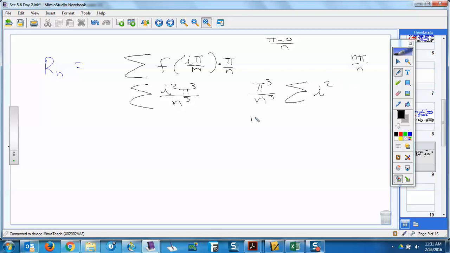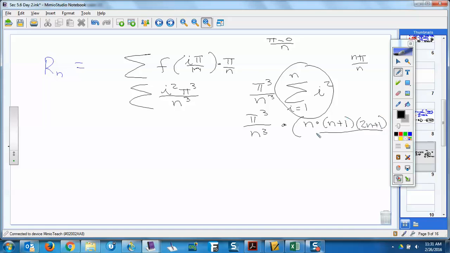And then this would be pi cubed over n cubed from 1 to, how many do I have? N. So now, what's our formula for sigma I squared? N times n plus 1 times 2n plus 1 over 6, which would be pi cubed n plus 1, 2n plus 1, all over 6n cubed, right?